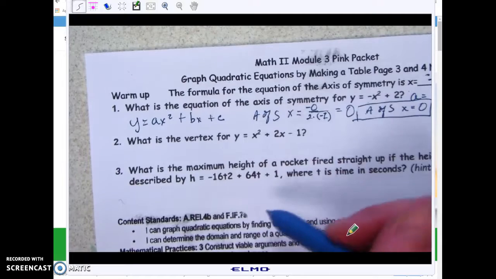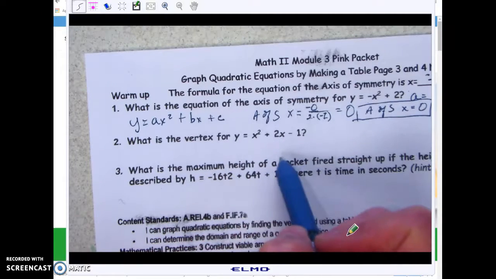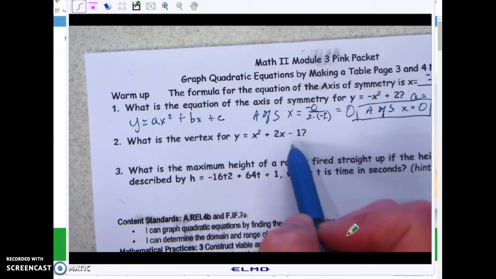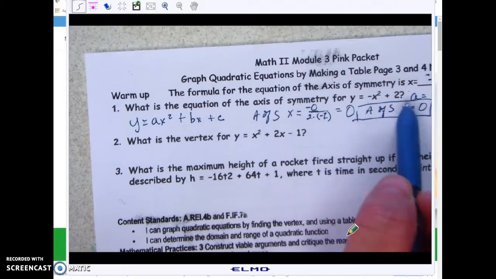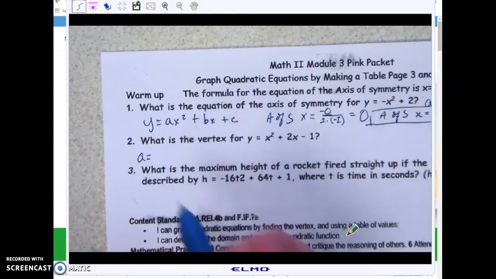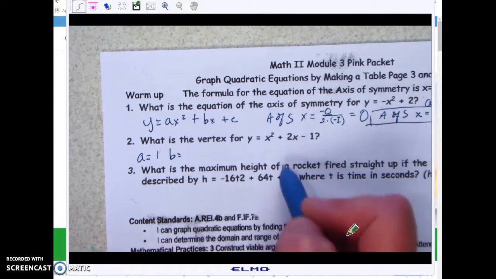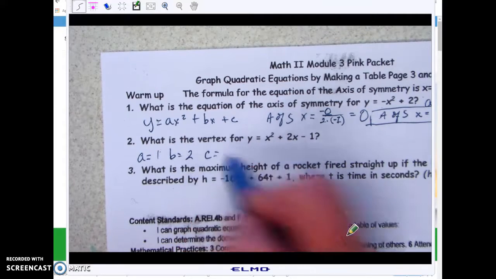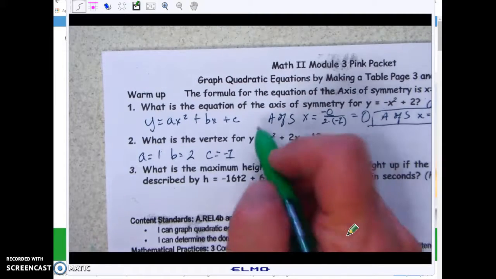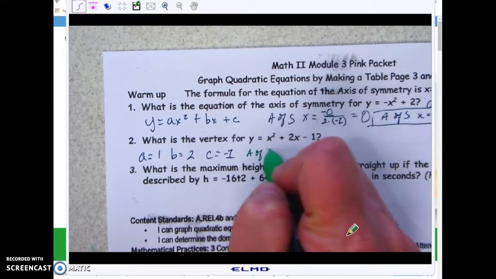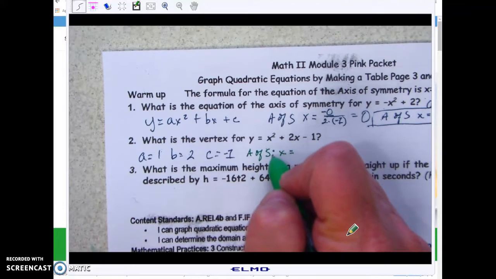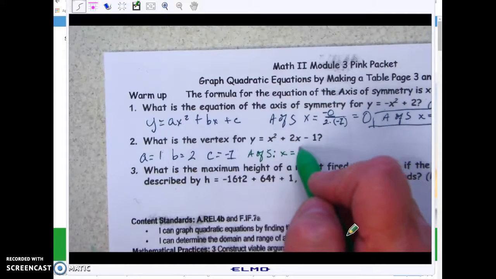Now in the second one, what's the vertex? Okay, in order to get the vertex of any equation, first we get the axis of symmetry. So we first have to figure out, we're using that same formula, different numbers. A equals 1, B equals 2, C equals -1. So now we plug it in. Our axis of symmetry is going to be x equals -2.